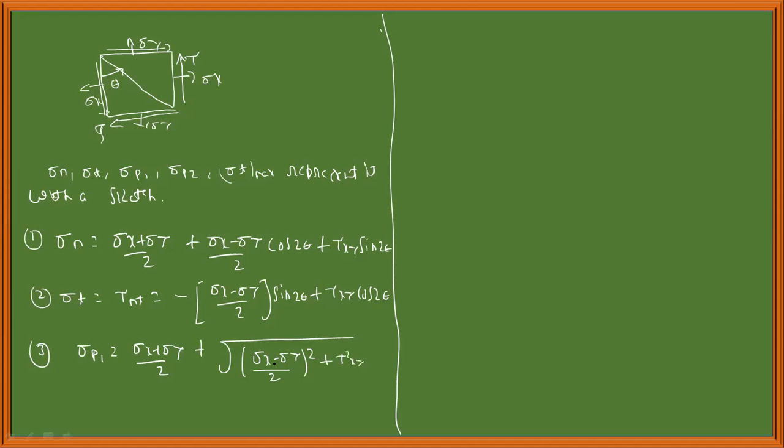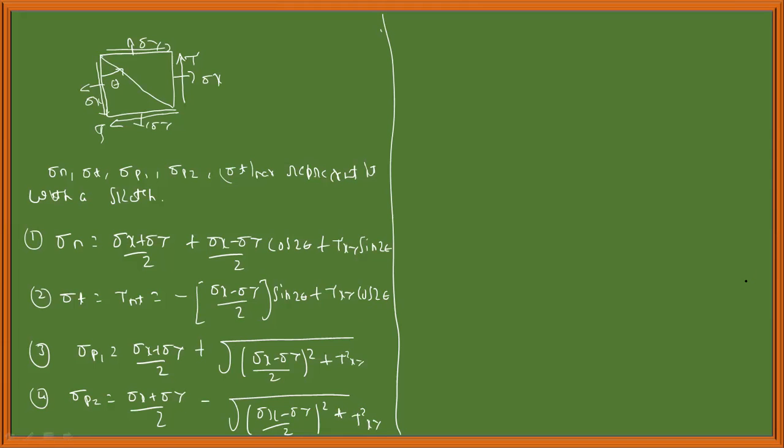If you take 2 common, you have to multiply by 4 inside, and 1 by 4 outside the root becomes a half. Sigma p2 is equal to sigma x plus sigma y by 2, minus root of sigma x minus sigma y by 2 the whole square plus tau square xy.